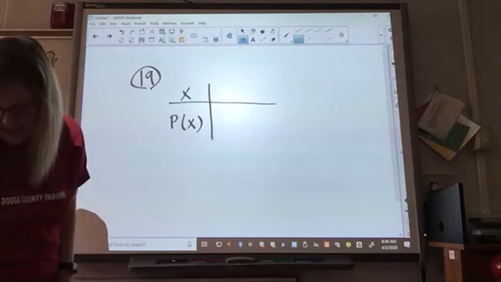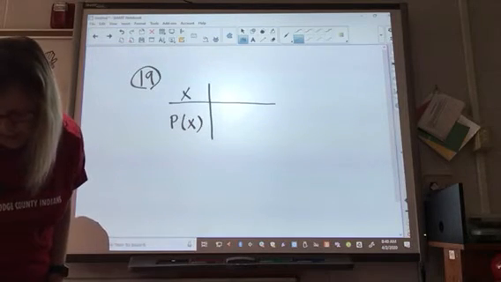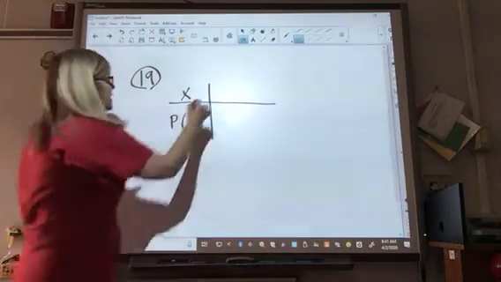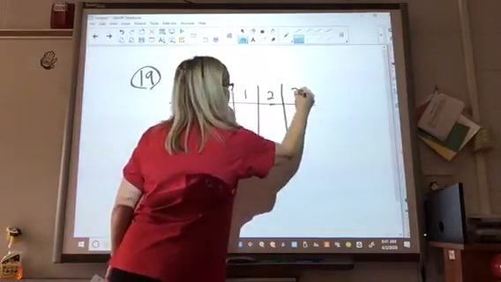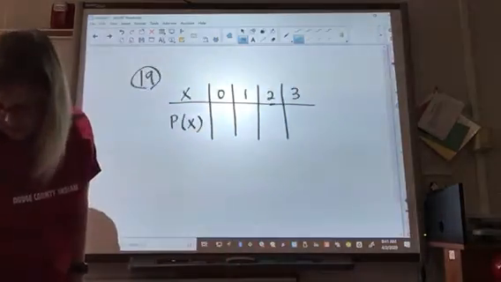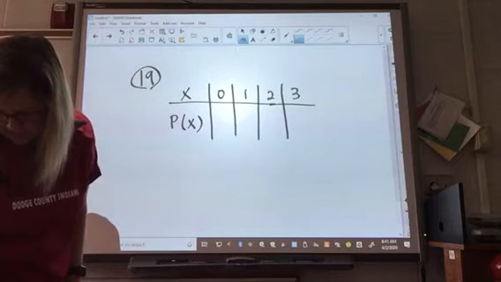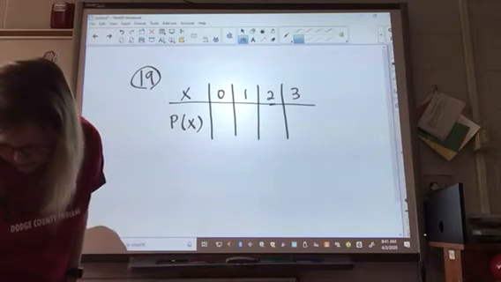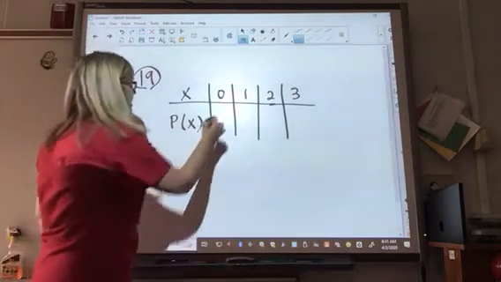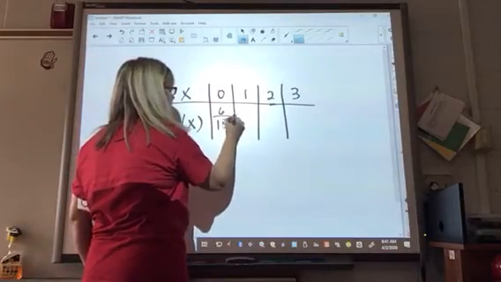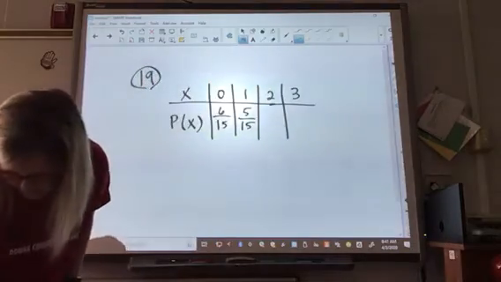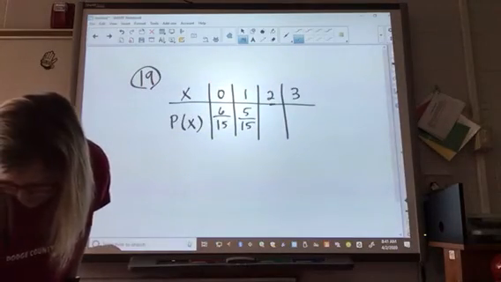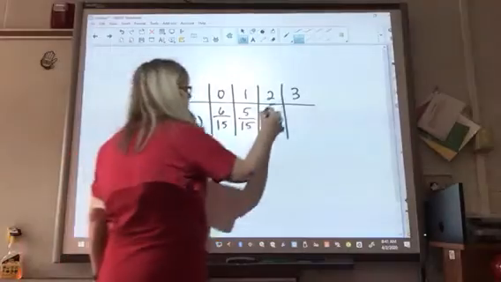So if I'm looking at 19, the probability that a patient will have 0, 1, 2, or 3 medical tests, those are my x's. Okay. Performed on entering a hospital, or 6/15. Don't reduce those because you're going to see why. 5/15, 3/15, and 1/15.